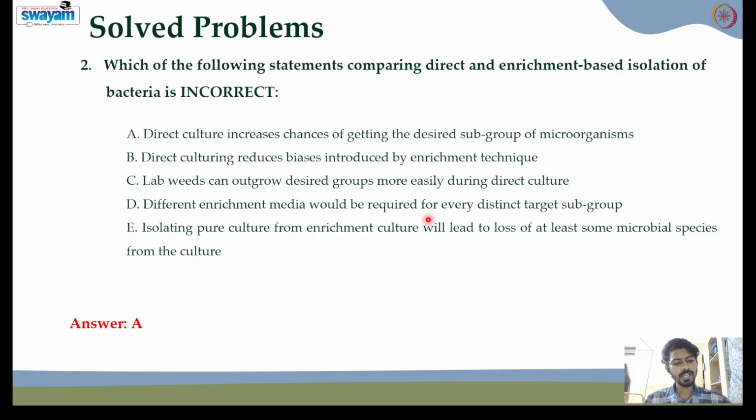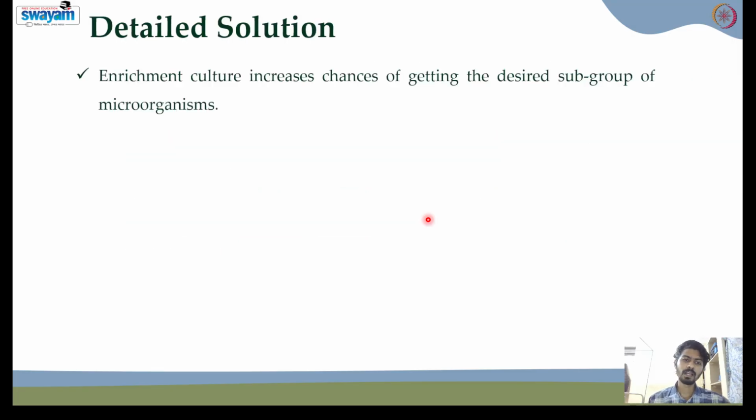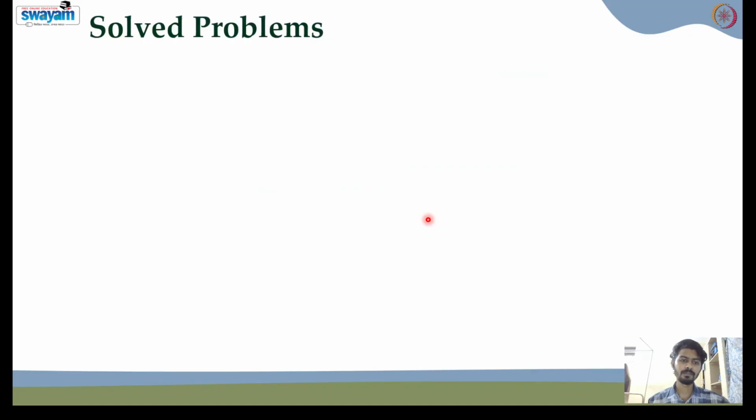And option E, isolating the pure culture from the enrichment culture will lead to loss of at least some microbial species from the culture. It is also true because only the targeted microbial group will be propagated, leading to loss of other microbial species that are present in the sample. So among these, option A is incorrect, and we will move on to the next question.